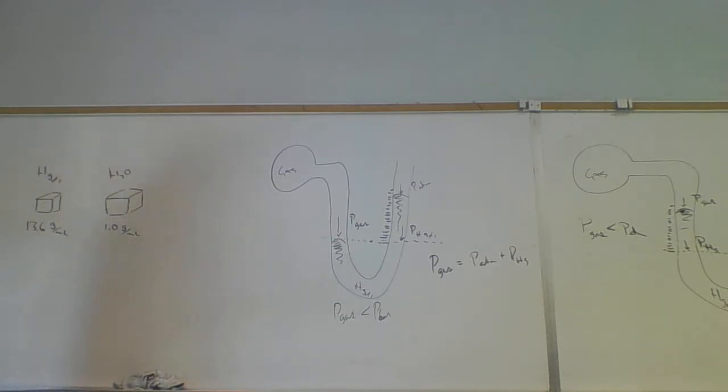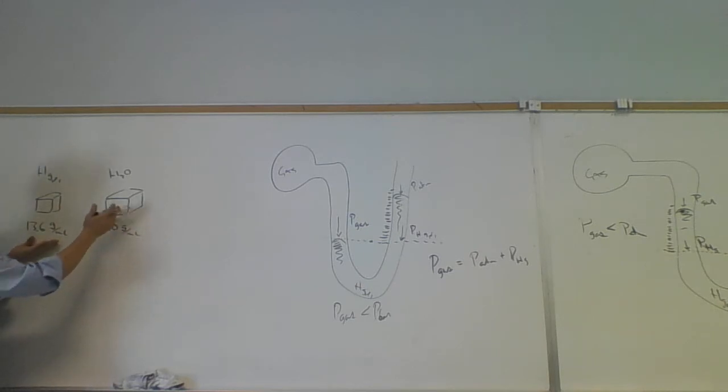So if I want the same mass, let's say I want this to weigh the same as this, how many blocks of water am I going to need? I'm going to need about 14. In fact, I'm going to need 13.6 blocks of water to equal 1 block of mercury.